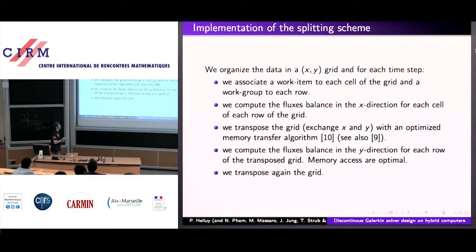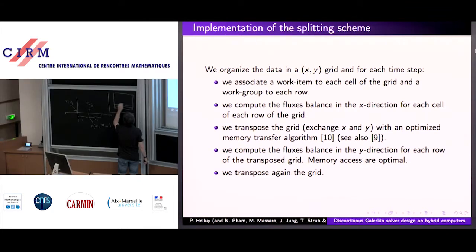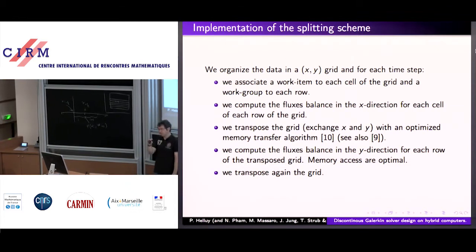It's very simple. And the main point for performance is here in the transposition. When your data are aligned in the memory, I have a grid here, when the data are aligned in this direction, if one processor accesses this data in the memory, the next processor will access the next location in memory, and thus the accesses are very fast.